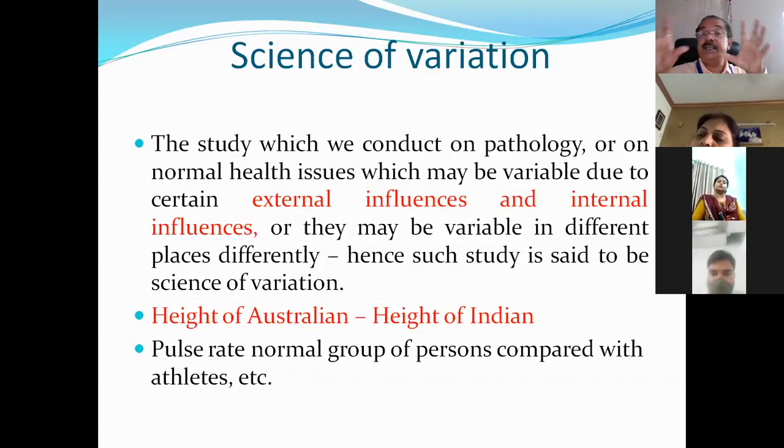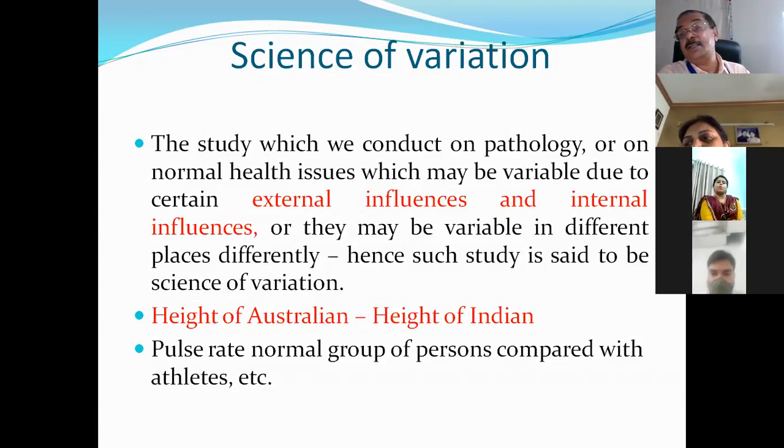After studying 100 babies who have been born, the average weight is to be calculated, so that one should bear in mind that if the weight is approximately 2.5 kg, then it is the average weight, and this is said to be a healthy baby. So this type of conclusion is to be drawn. It is the science of variation, because every baby is not 2.5 kg.